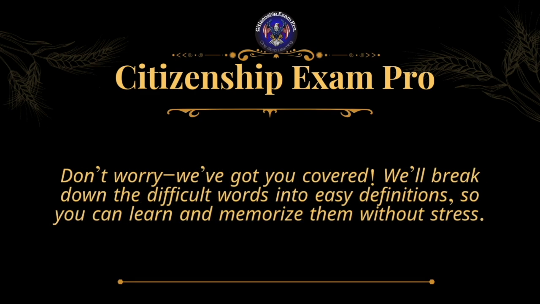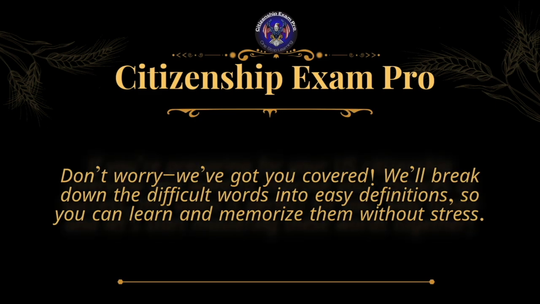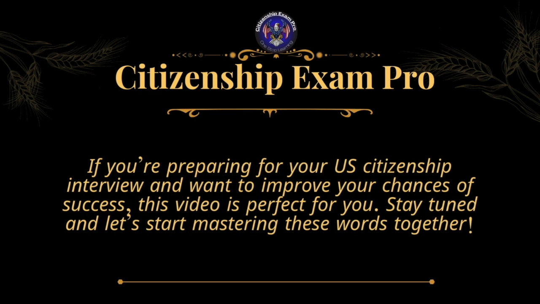Don't worry, we've got you covered. We'll break down the difficult words into easy definitions so you can learn and memorize them without stress. If you're preparing for your US citizenship interview and want to improve your chances of success, this video is perfect for you. Stay tuned and let's start mastering these words together.